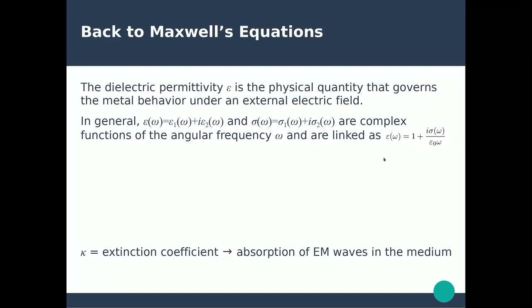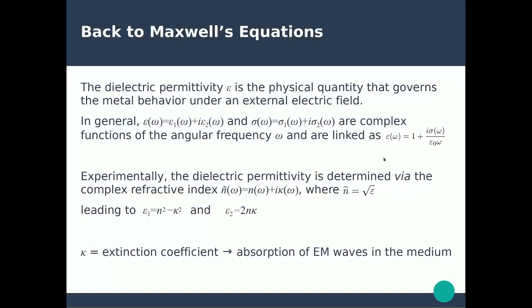Experimentally, the dielectric permittivity is usually determined via the complex refractive index. We have a complex refractive index with a real part n, which is the refractive index, and an imaginary component, kappa, which is the extinction coefficient.